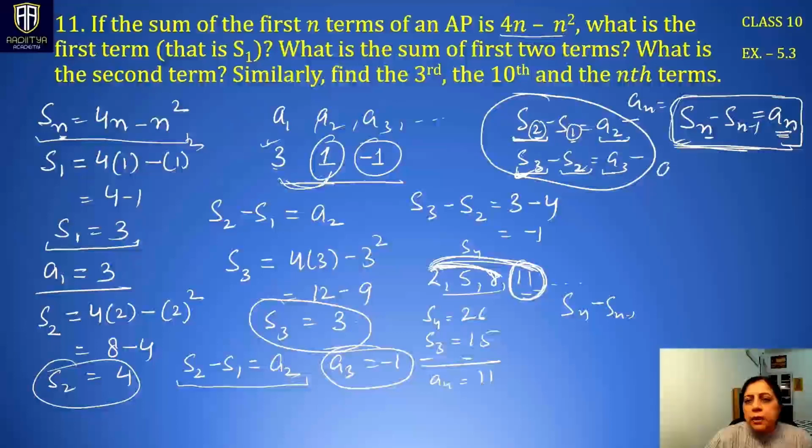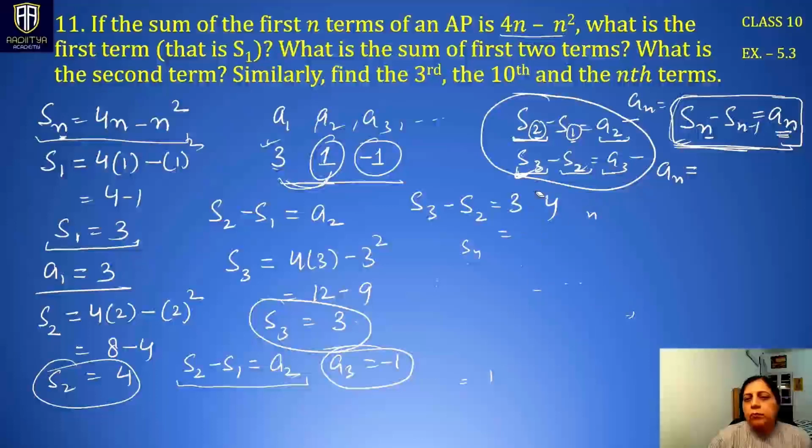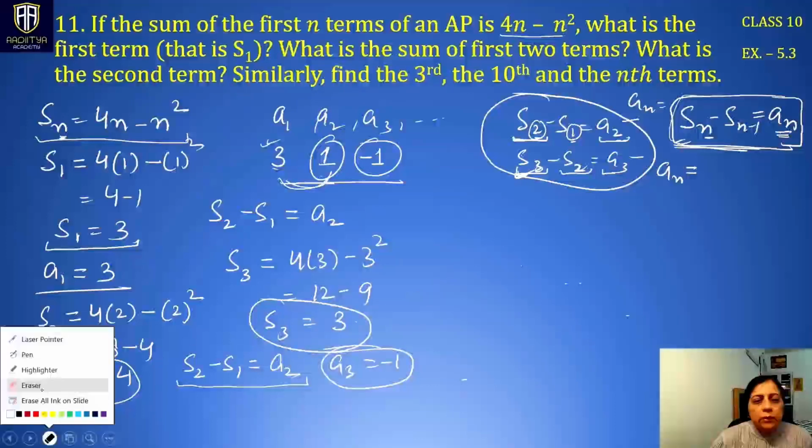An is Sn minus Sn minus 1. Let me erase a few things from here. So this formula you will be using directly. If you have understood, you can use this in such questions. It is very easy to learn also.